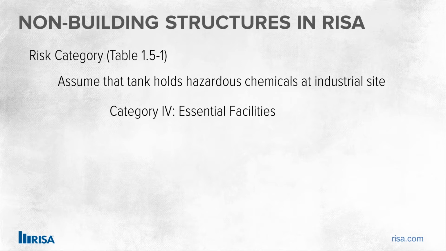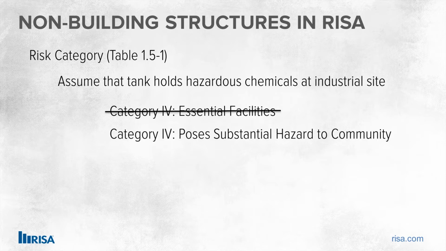And so what we see here under category 4, one of the options for falling under category 4 is essential facilities. Now, we would say that this tank holding hazardous chemicals is not what I would call an essential facility. Another option is that it poses a substantial hazard to the community.